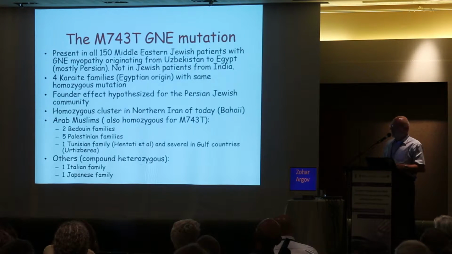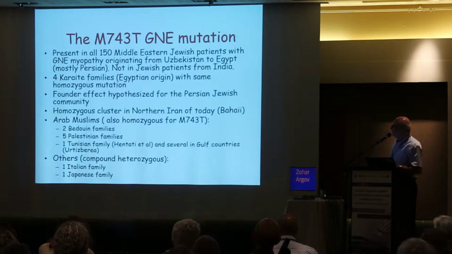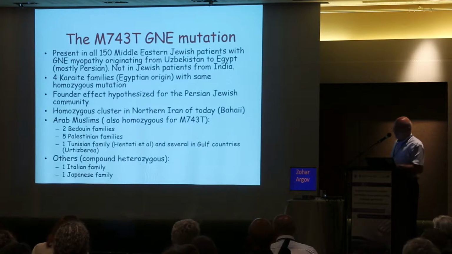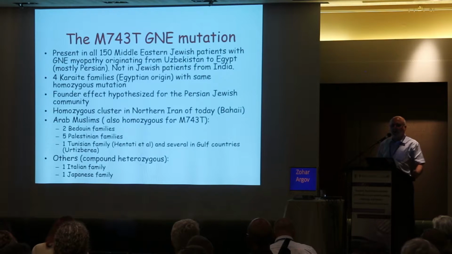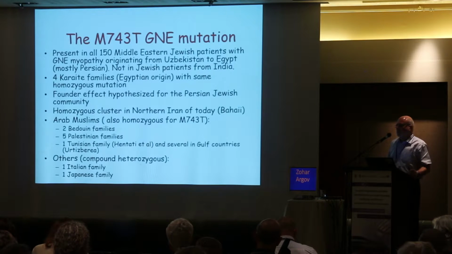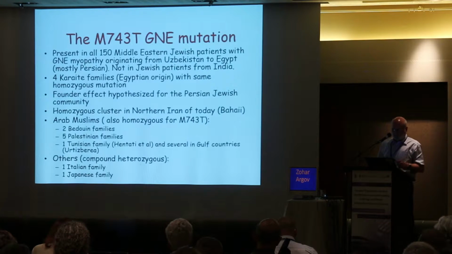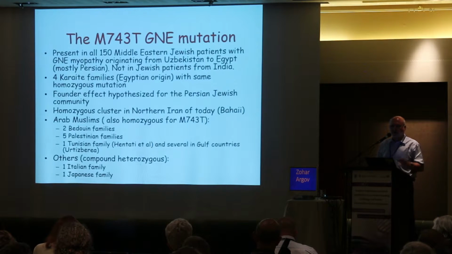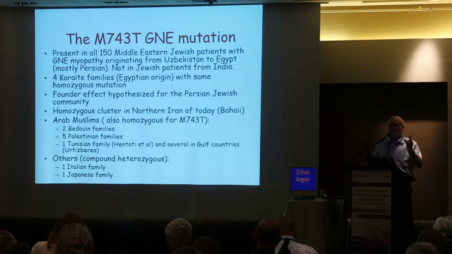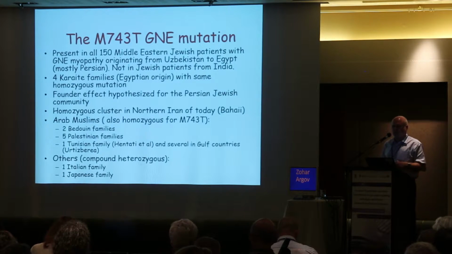And interestingly enough, very early in our gene search, we identified families, and we now have more, that are Arab Muslims, either Bedouins from the Negev area or 5 Palestinian families. Just a note, the Bedouins and the Palestinians do not share a common origin genetically and historically.